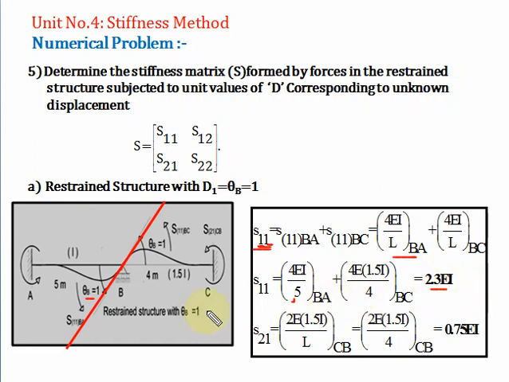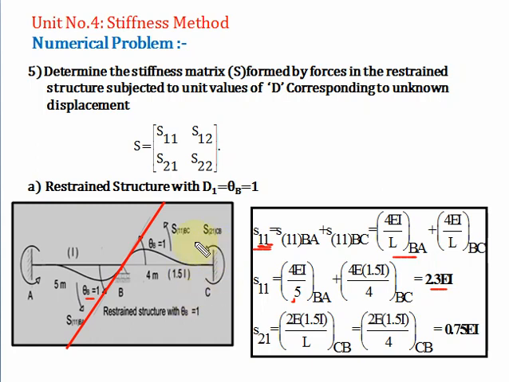Now when we give the unit rotation at support B, what will happen? Some moment will also be induced at support C, and that will also be in anti-clockwise direction. Remember that all the moments are in the anti-clockwise direction.